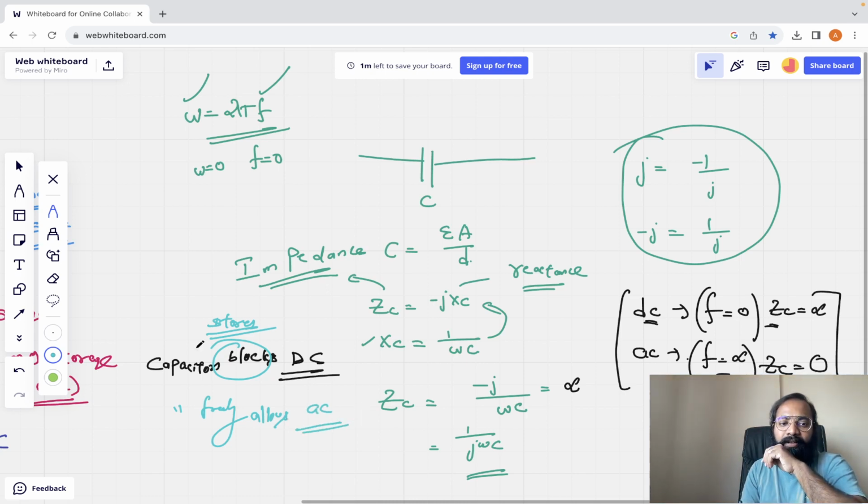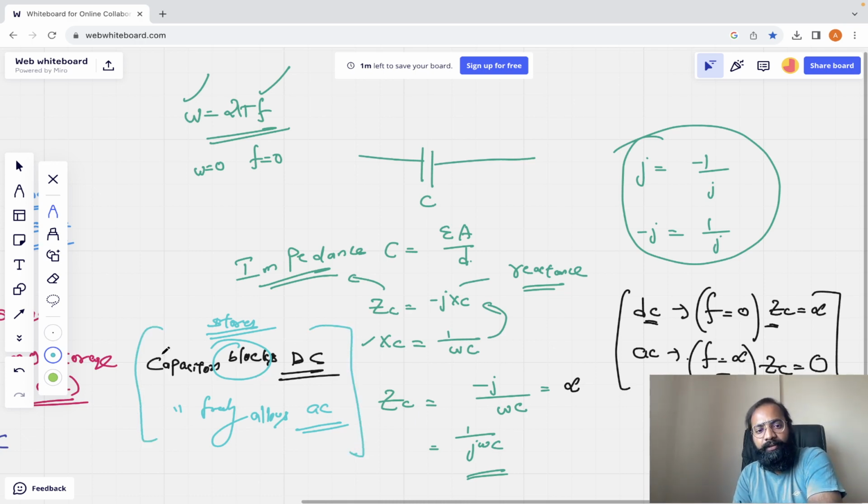Okay, capacitance freely allows the high frequency signal. So I hope all of you understood both these 2 points. Very important points. If you are very much aware of these points, you will be very clear about the filters concept and all.